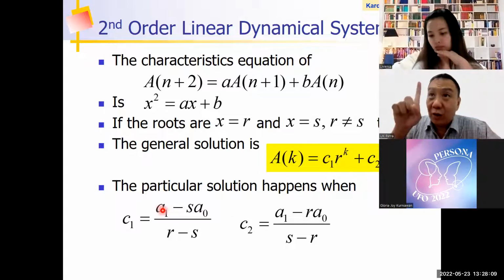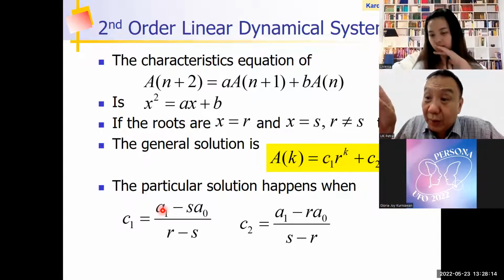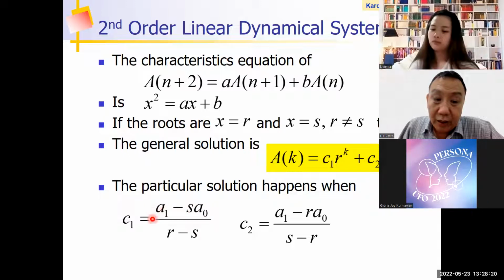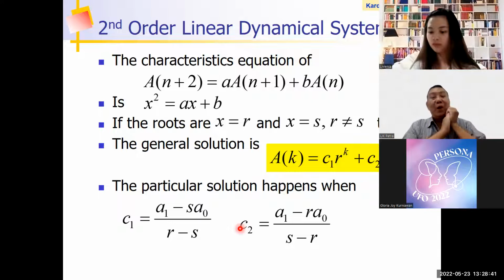If you have first order, you only need one initial value, which is A0. If you have second order, you need two initial values, A0 and A1. If you know A0 and A1, and you also know r and s, which are the roots of this quadratic equation, then you can find C1 and C2. That's it.